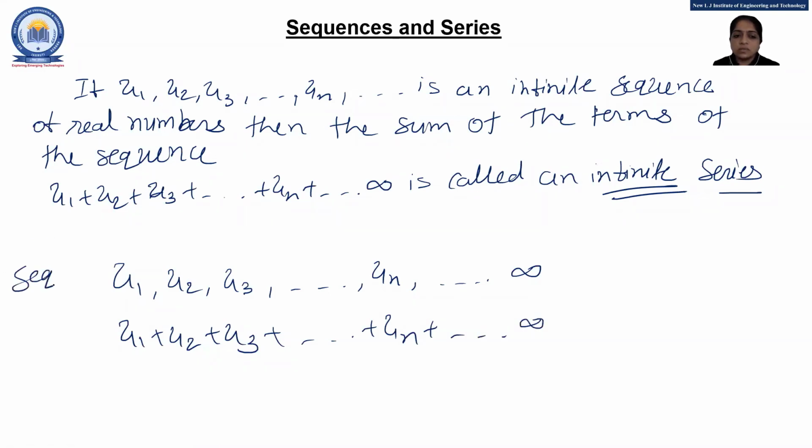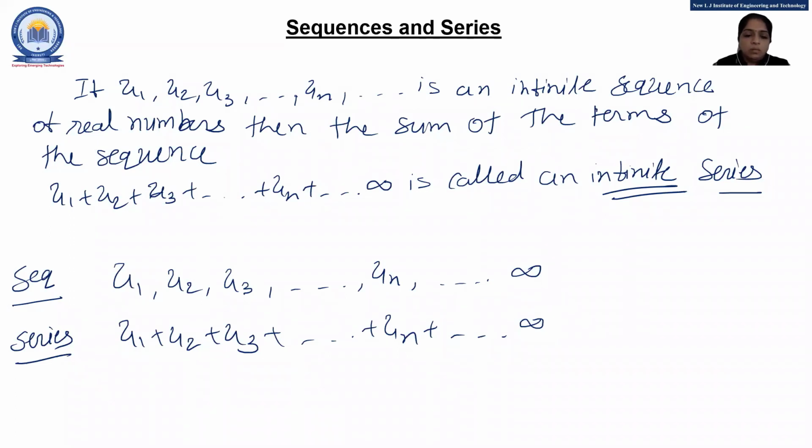This is a sequence and this one is a series. Hope you got the difference. So we may say that a sequence is a set of numbers in a specific order and a series is the summation of those numbers, or the summation of those terms.